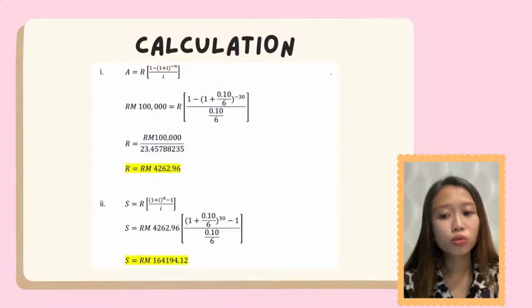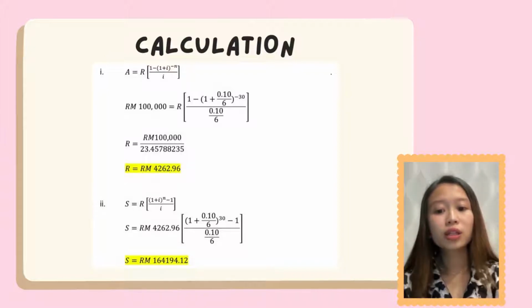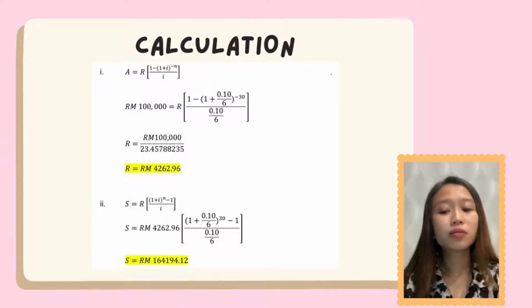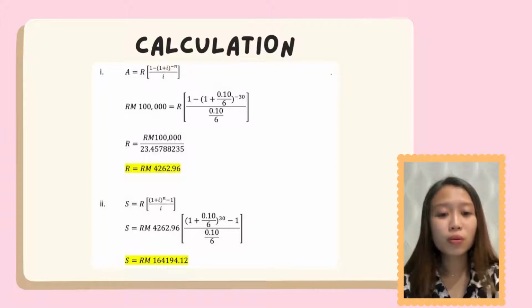For question 2, we need to calculate the accumulated future value at the end of the year. Based on the answer in the first question and the data given above, we need to find S, the future value, using the future value formula. The future value formula is S equals R in bracket 1 plus i to the power of n minus 1, over i.